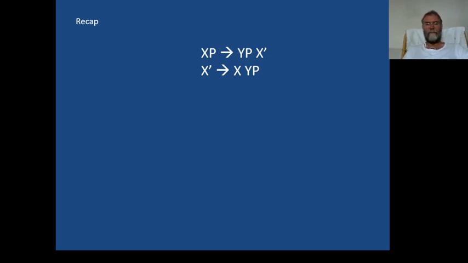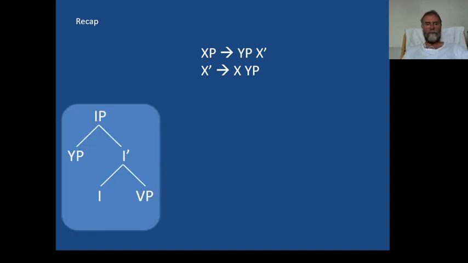XP could be represented as an X with two bars on it, so the idea is every time you come down a level, you reduce by one bar. Okay. The next rule then tells us what to do with the X bar, and that says that it's made up of a head, an X, plus a YP, which is the complement. Therefore, this rule produces a phrase that looks like this.